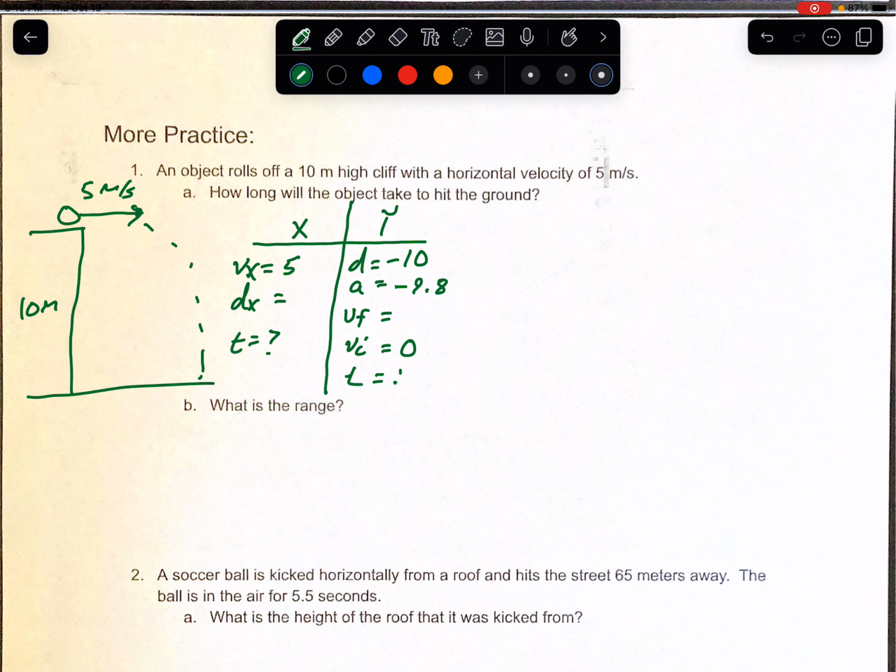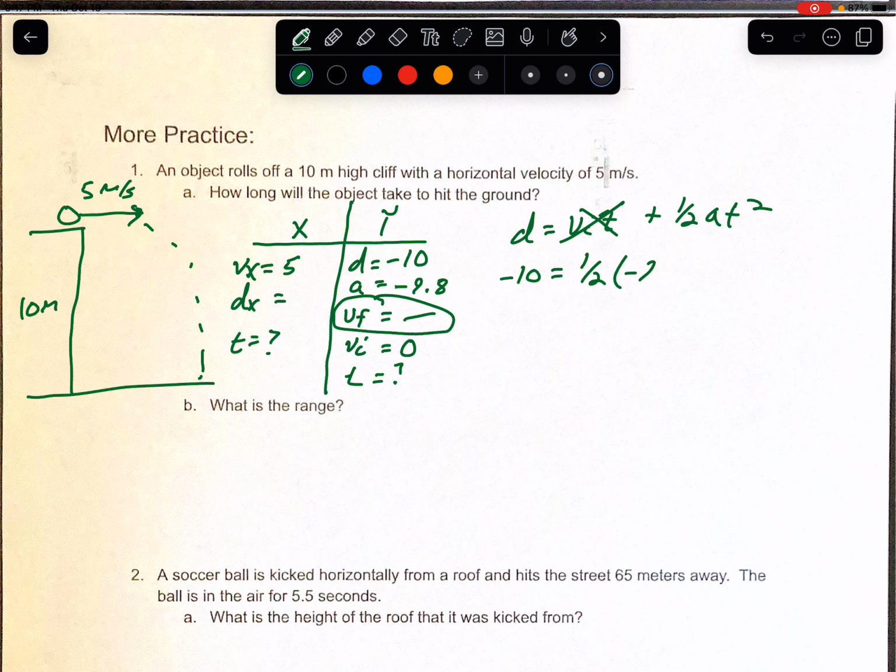It wants to know how long it will take the object to hit the ground, so you're looking for time. I do not have enough to solve on the left side, so I'm going to solve on the right side using my daffy t. We're going to use equation number 3: d equals vi t plus 1/2 a t squared. But remember, vi is 0, so that whole first term goes away. So negative 10 equals 1/2 times negative 9.8 times t squared.